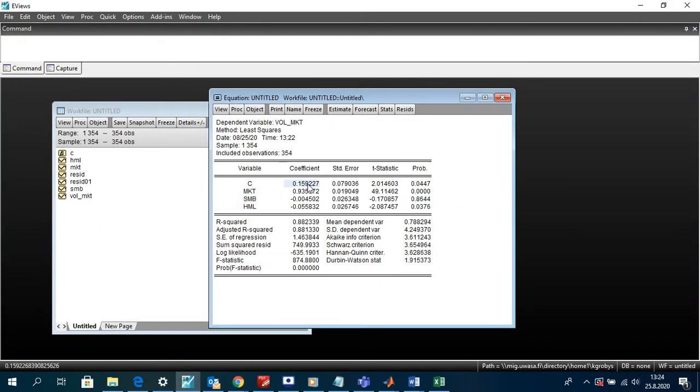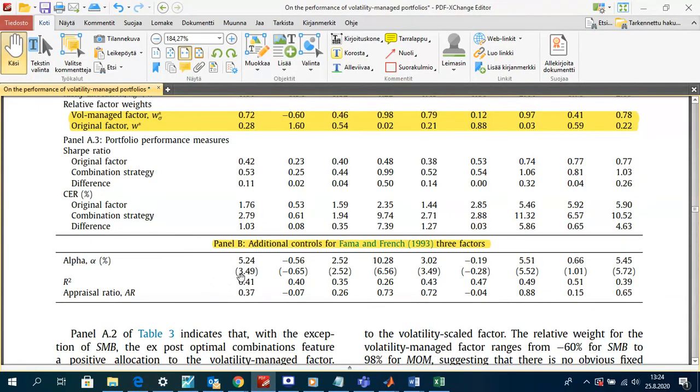So we have to multiply 0.16 with 12 in order to annualize this figure. 0.16 times 12, so our number is 1.92% per year. So it's lower than reported here in the paper, and our significance level is also lower.